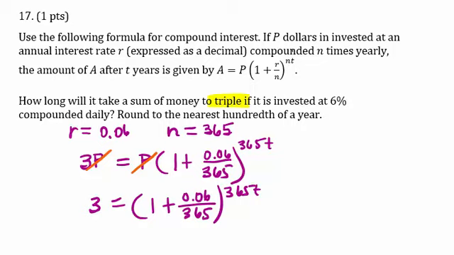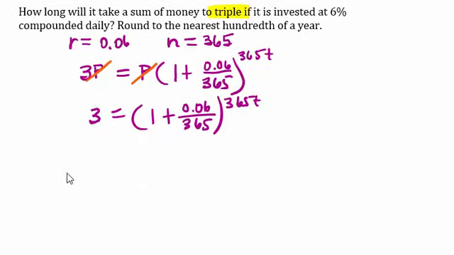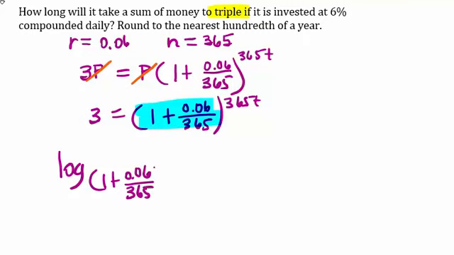And we can solve this using a logarithm. And so we'll start by rewriting the equation in logarithmic form. So log, the base of the power is the base of the logarithm. So we're going to put this 1 plus 0.06 over 365 as a subscript.